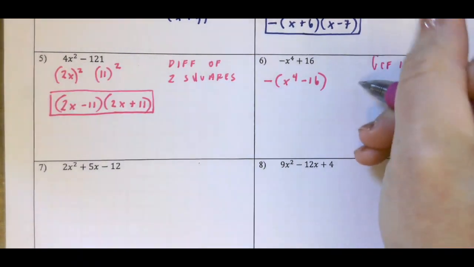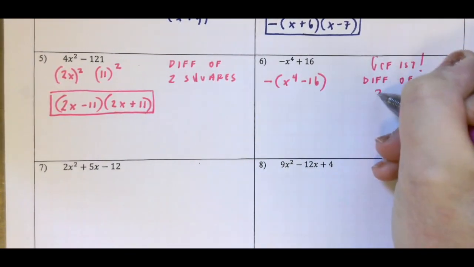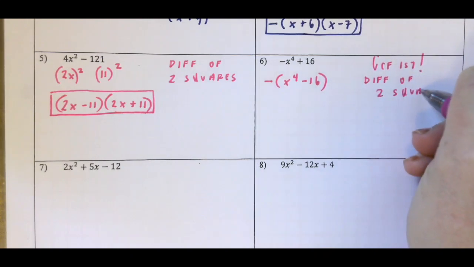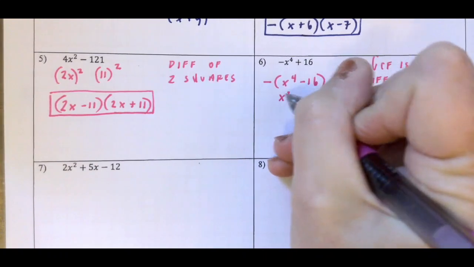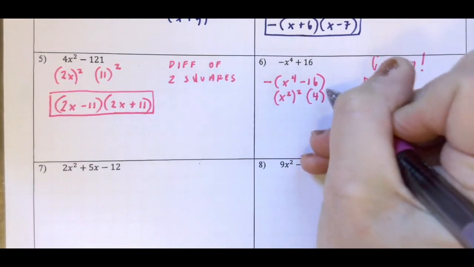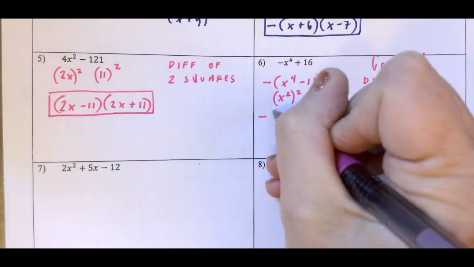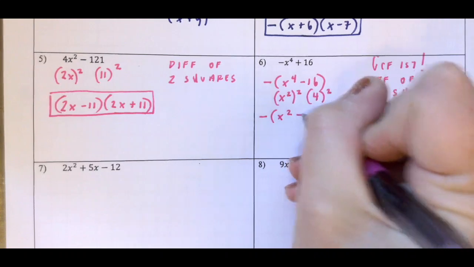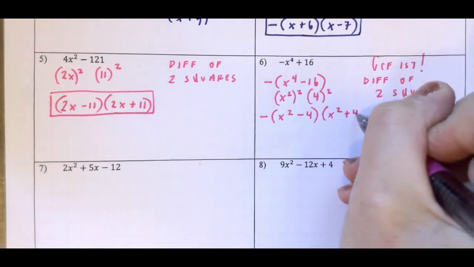So this is really a difference of two squares. I can recognize that x to the 4th is really x to the 2nd power squared, and 16 is 4 squared. So next stage I can say, well, -1 times x squared minus 4 times x squared plus 4.